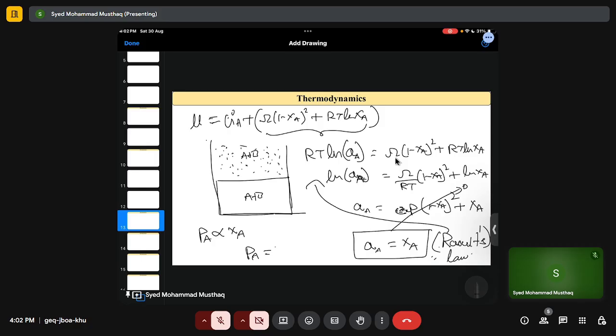Maybe that's Dalton's law of partial pressure. To remove the proportionality constant, we introduce a term called the pure partial pressure of A. Okay, so this is my Raoult's law.